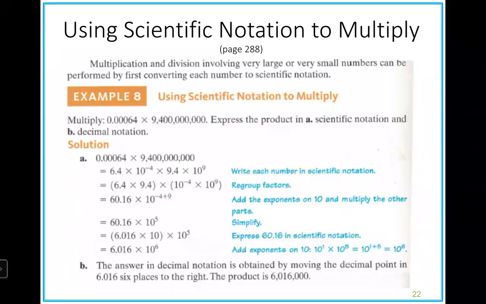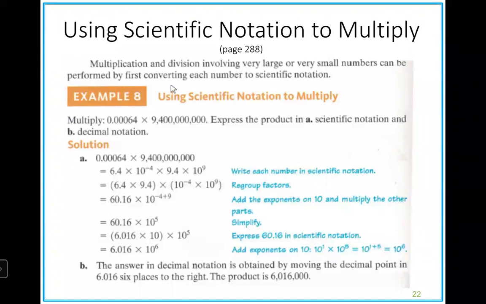In this section, on page 288 of your book, they're talking about multiplication and division involving very large or very small numbers that can be done by first converting the numbers to scientific notation. Once you convert the numbers to scientific notation, you follow the same rules we looked at just now for multiplication and division.